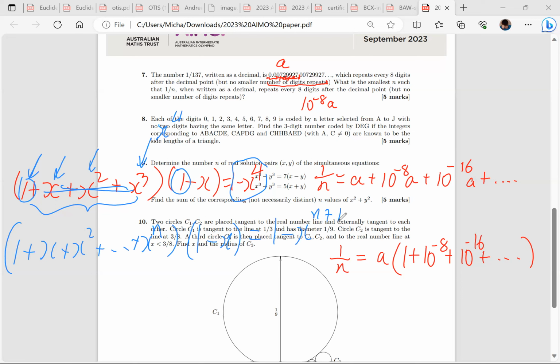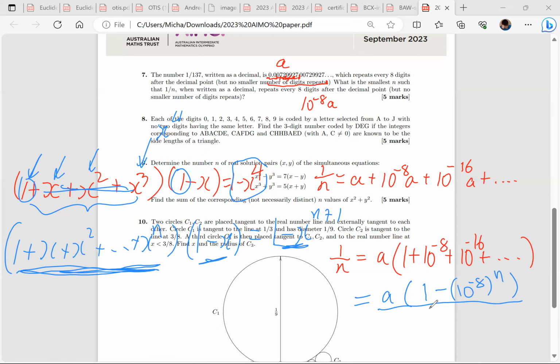So if you look at that here, x is 10 to the minus 8. It's saying this thing here is equal to this thing divided by this thing, so it's 1 minus 10 to the minus 8 to the n over 1 minus 10 to the minus 8. Okay, dokie.